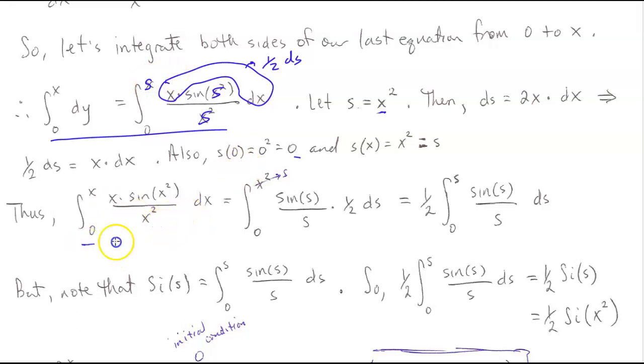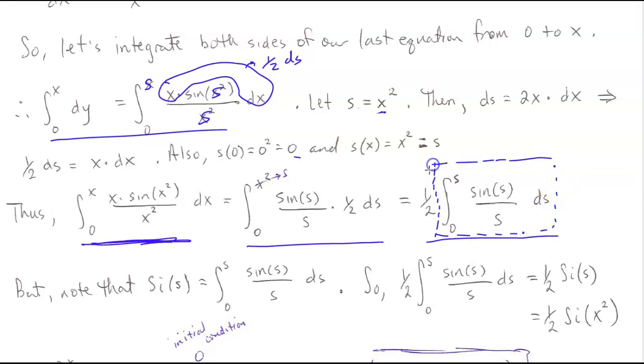And so now we see that our definite integral written in this form could also be written in this form, which could also be written in this form. Okay. Now, the important thing to look at here is that this particular integral here is the same exact thing that the sine integral function is, but it's defined in terms of s instead of x.